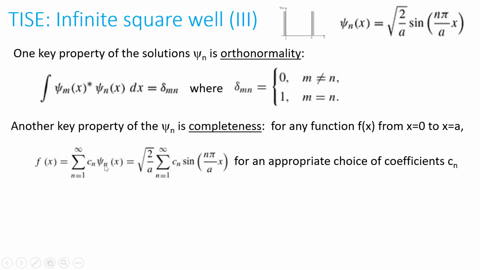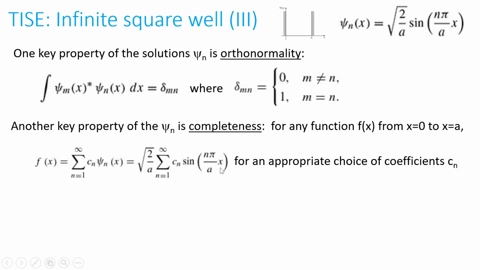This is called completeness because they form what's called a complete basis for functions on this interval from 0 to a. So we would write this, plugging in for psi n using this formula up in the upper right, square root of 2 over a sine of n pi x over a. And then the Cn weights each of those separable functions, solutions to the time independent Schrodinger equation, by the proper amount to give the function f.